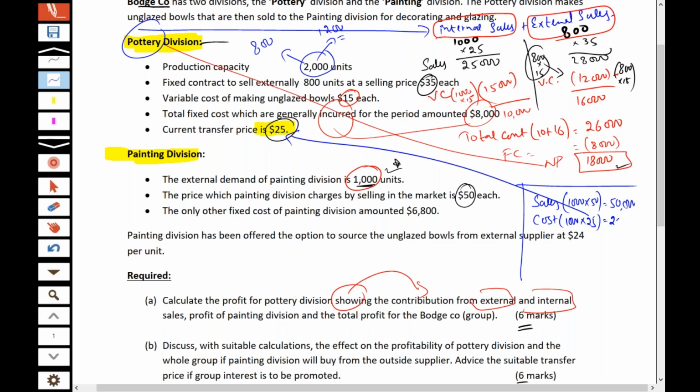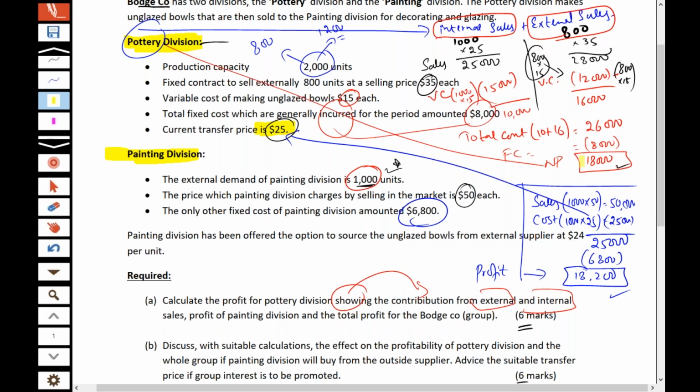That is only the purchasing from the internal division, that is 25,000, and that 25,000 is the contribution, and the fixed cost is 6,800, and the simple profit is 25,000 minus 6,800, that is 18,200.